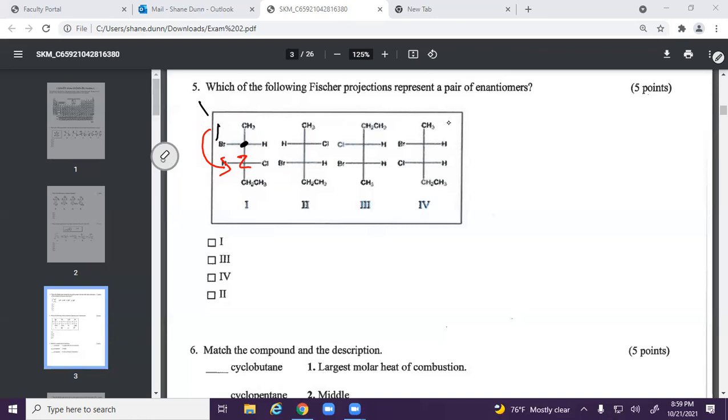So what is this normally? S. But since I have my H as a wedge, it has to be R. Does that make sense? That's when you rotate the molecule. We're not rotating. We're just looking at it.